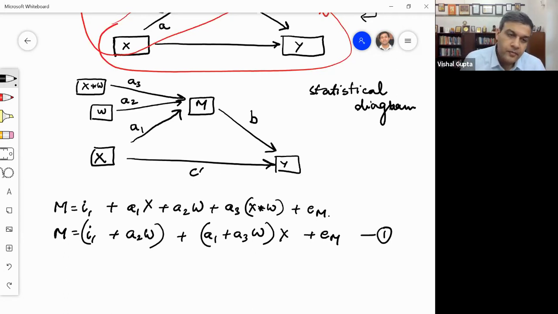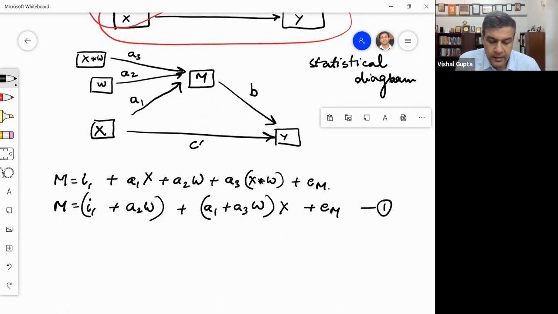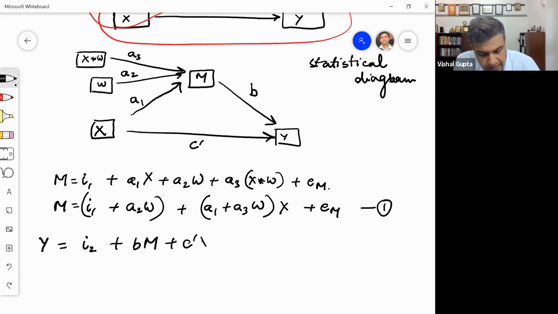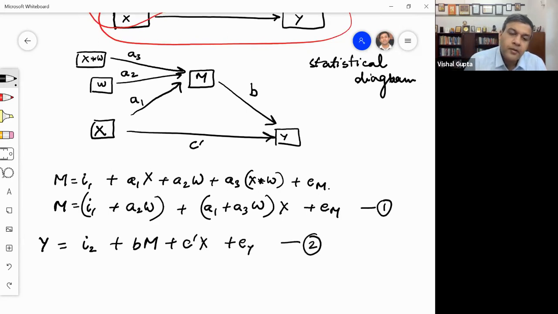Then my second equation is for the outcome Y: Y is equal to some constant I2 plus B times M plus C dash times X plus the residual E of Y.